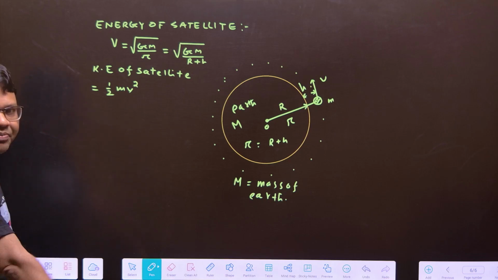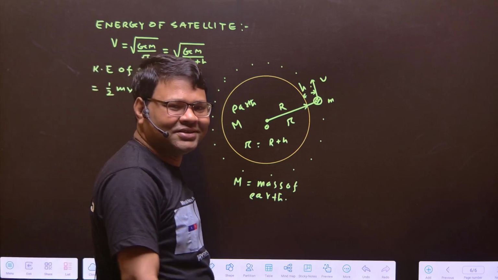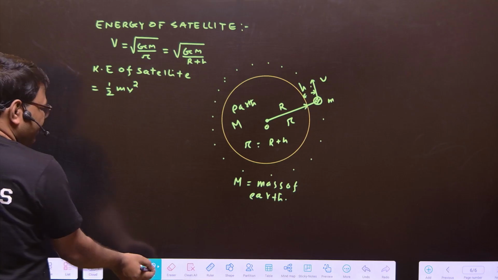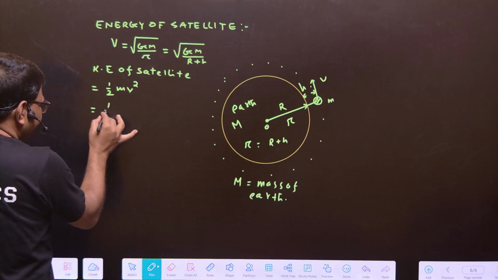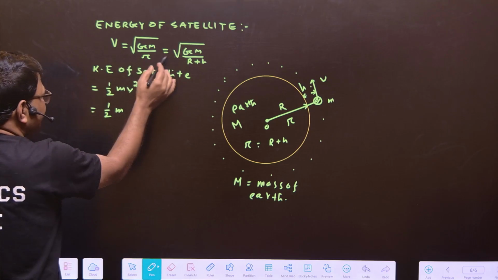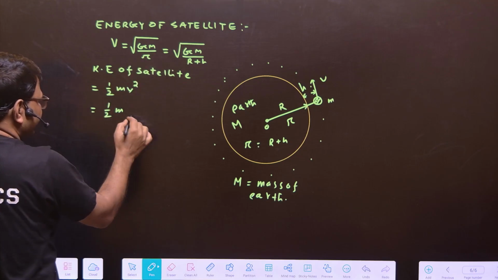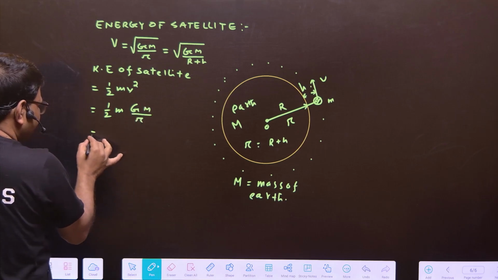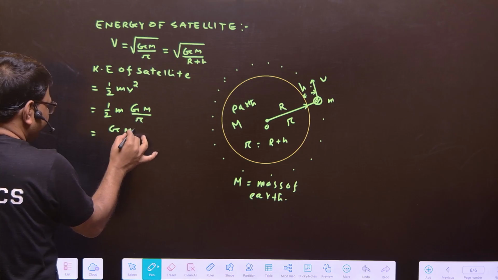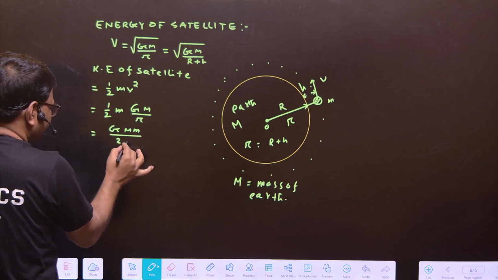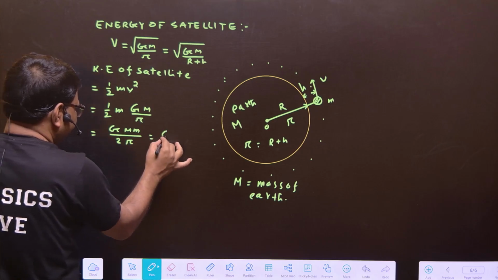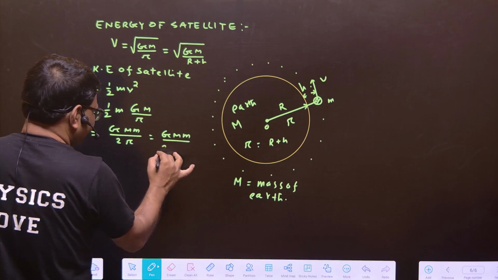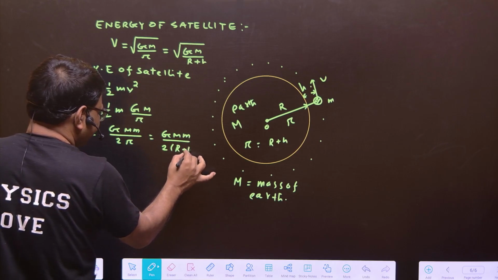Am I clear? Any problem to understand? Now see here, we can write half m v square. V means this one, root over, due to the square, it will be GM by small r. Then we can write here GM divided by 2r, or another expression in terms of height, instead of r, it will be GM divided by 2 into R plus h.